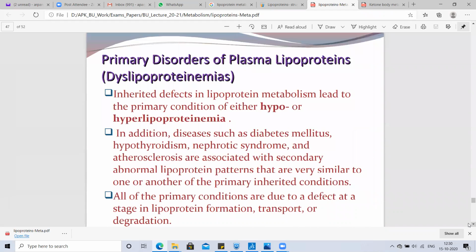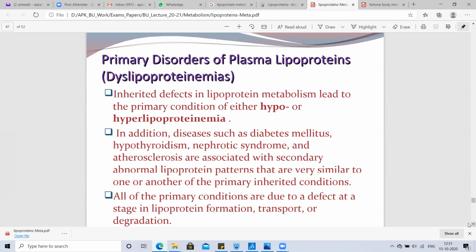There is a disorder associated with plasma lipoprotein metabolism, known as dyslipoproteinemias. It is an inherited disorder where defects in lipoprotein metabolism lead to the primary condition of either hyper or hypolipoproteinemia. Hyper means there is an excess of lipoprotein in the blood, and hypo means there is a deficiency of lipoprotein in the blood.